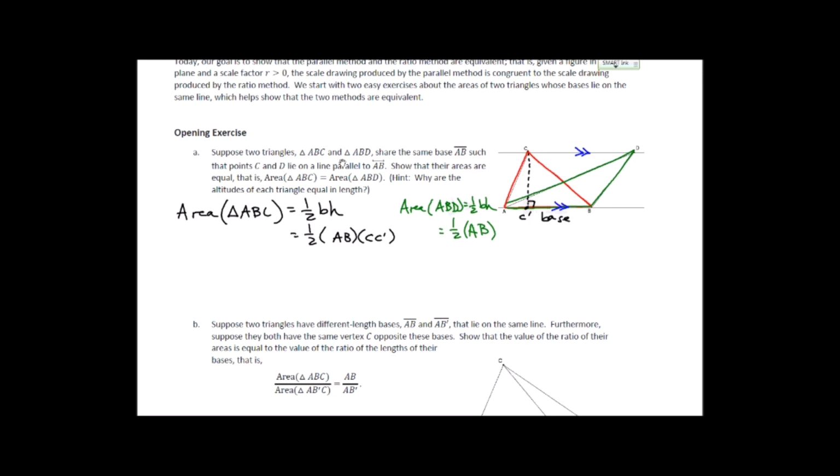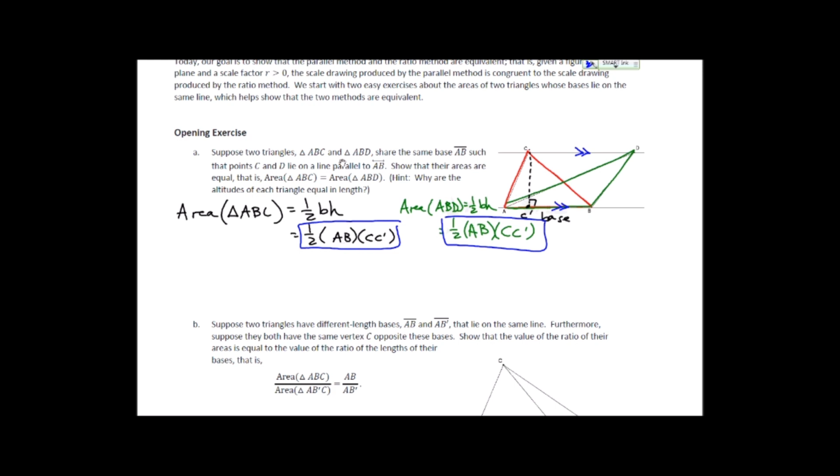And now the most important thing of this exercise happens, noticing that because CD is parallel to AB, this altitude right here is the exact same for D. So I can use the exact same altitude because it's the same height for that triangle as well. So this is also C prime. And then we notice, hey, these are the exact same.